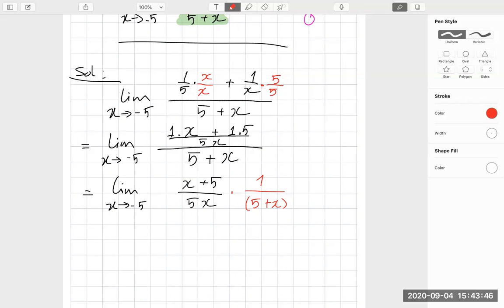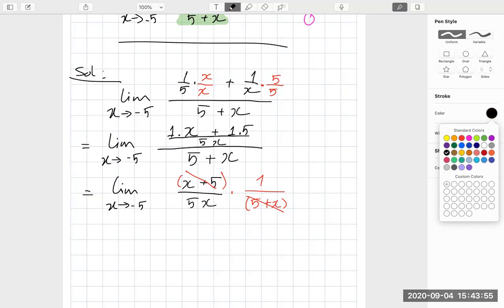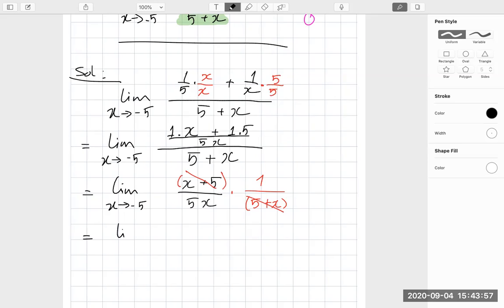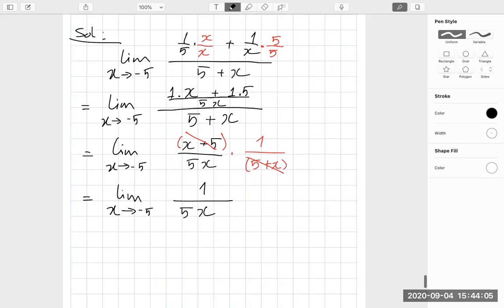Now this cancels with this, which becomes the limit of 1/(5x).